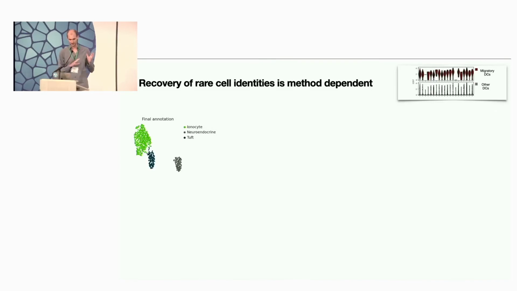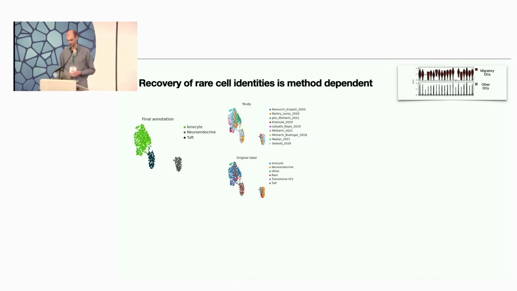And we find them quite clearly, with the ionocytes, neuroendocrine cells, and tuft cells represented separately. These are all supported by multiple studies in our core reference, and the original labels were not necessarily. And here I'm only showing the cells which we finally annotated. There were a lot of cells with annotations which we later regarded as false positives as well.